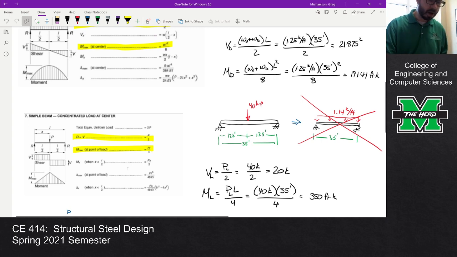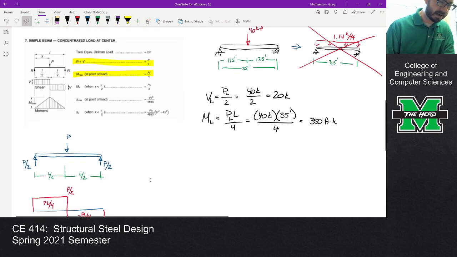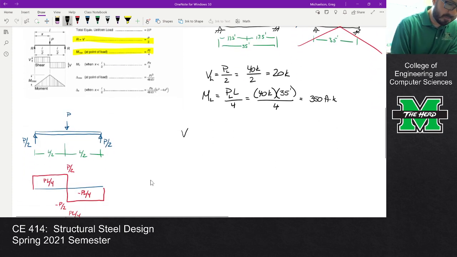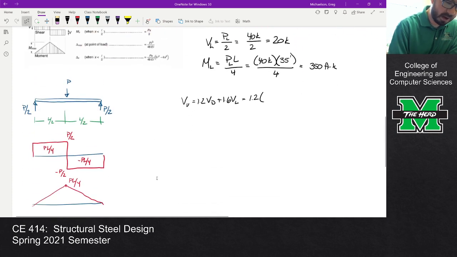Okay. So now I've got a dead load and live load shear and a dead load and live load moment. So now I can start factoring. So let's go ahead and do that. VU is 1.2 V dead plus 1.6 V live. So 1.2 times 21.875.